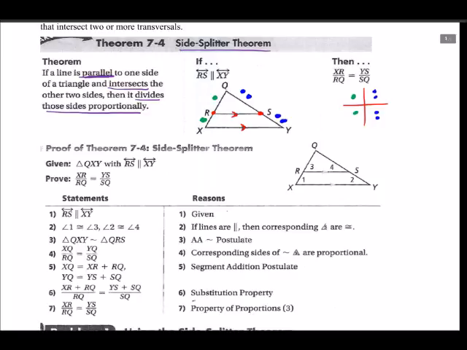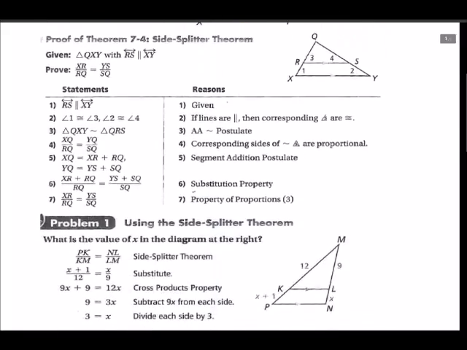Now, can you guess how this works? It's a theorem, so it's proven. We have parallel lines here. So, parallel. And do you see the transversals cutting these lines? Well, what do we know about parallel lines? Special angle pairs.